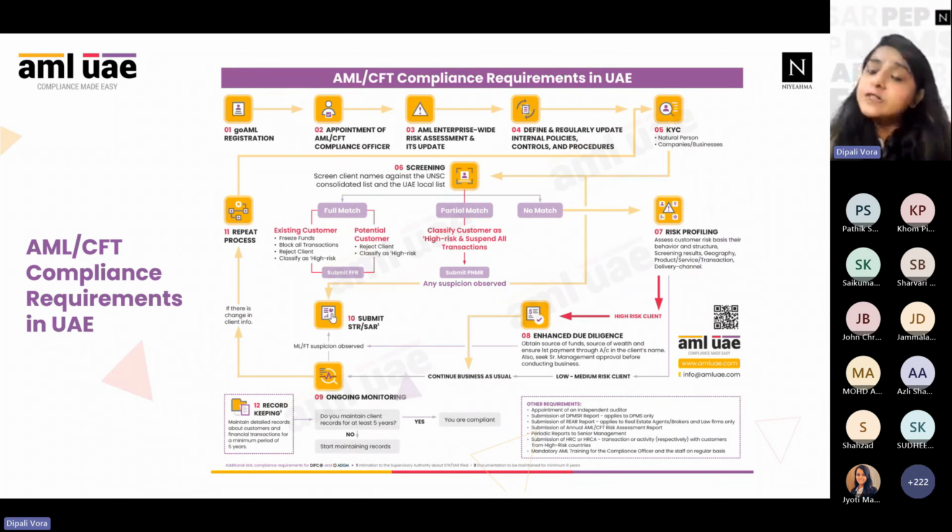For all of the customers who are low risk or medium risk, standard due diligence would be applied, and for the ones who are high risk, we are required to apply enhanced due diligence. The word enhanced itself says we are going to do some extra due diligence for the high risk ones. Once the enhanced due diligence is completed, we will then provide these services.